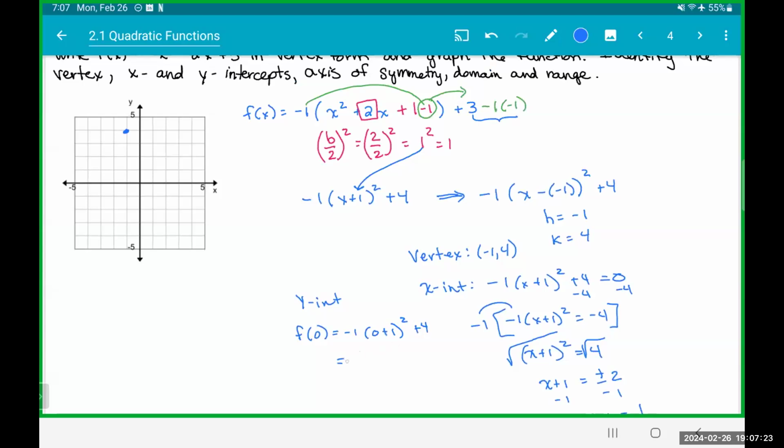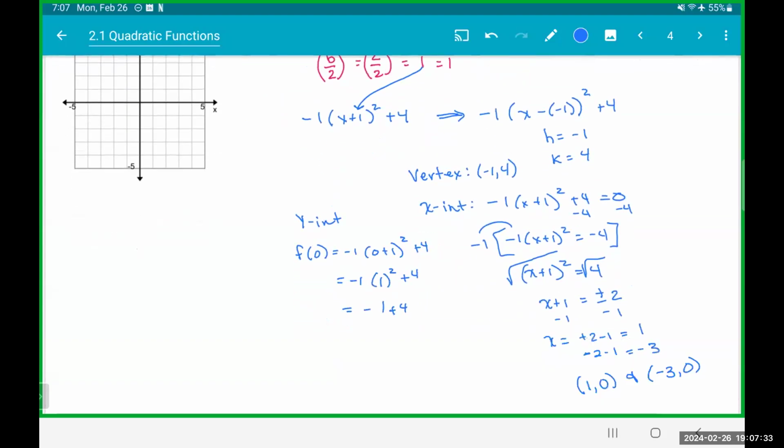So this is -1 times 1 squared plus 4. So that is a -1 plus 4. So that is a 3. So our y-intercept occurs when x is 0 and y is 3.